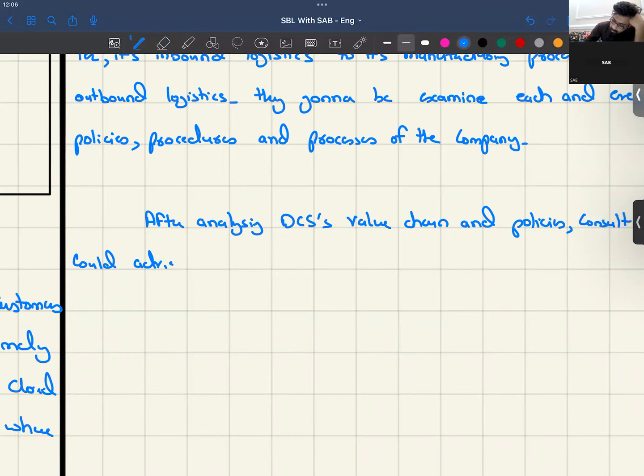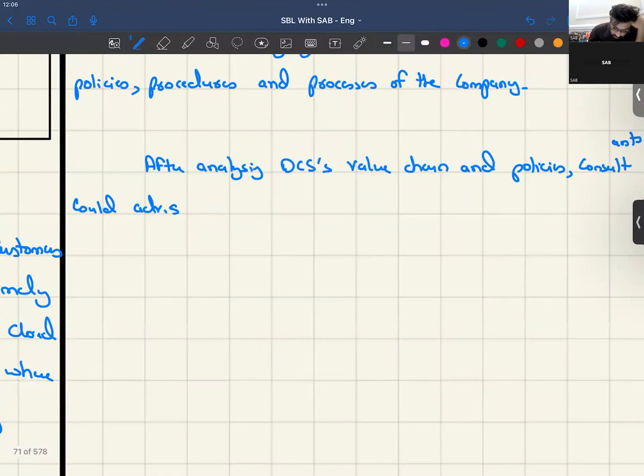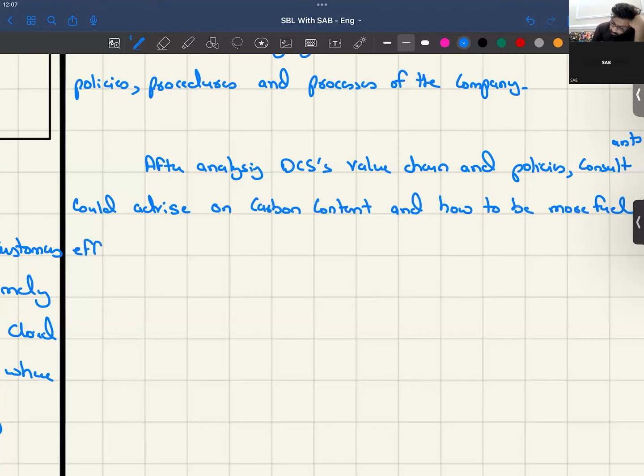So these consultants could advise on carbon content, and how to be more fuel efficient.